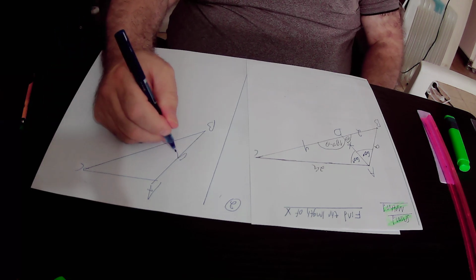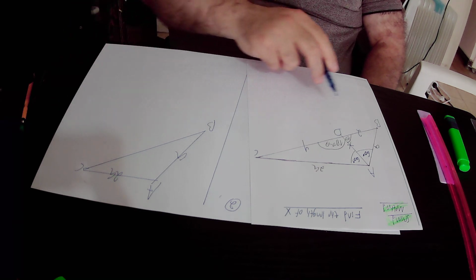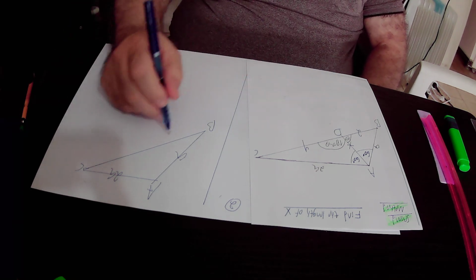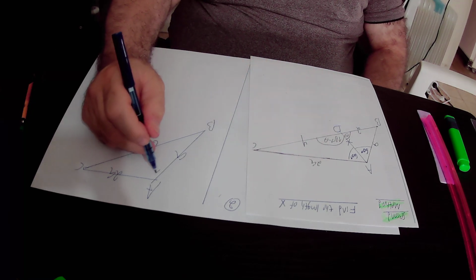AB equals a, AC equals 2a, and BC equals 2 times 2 plus 4, that is 6. Angle BAC equals 60 plus 60, that is 120 degrees.